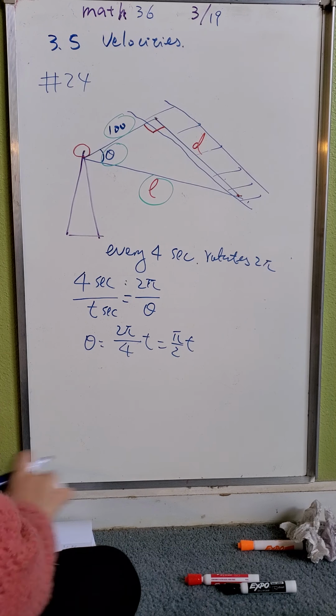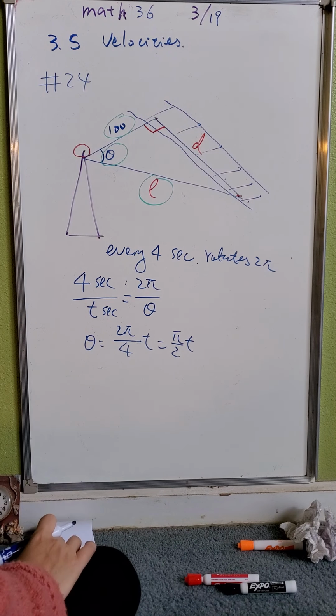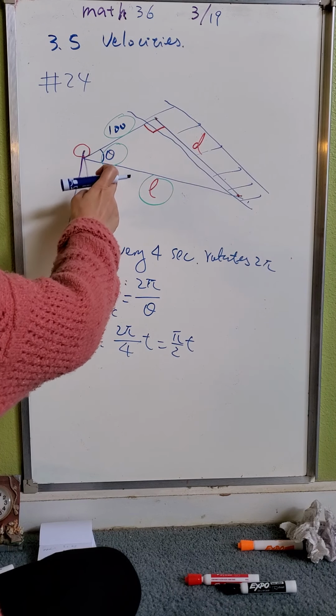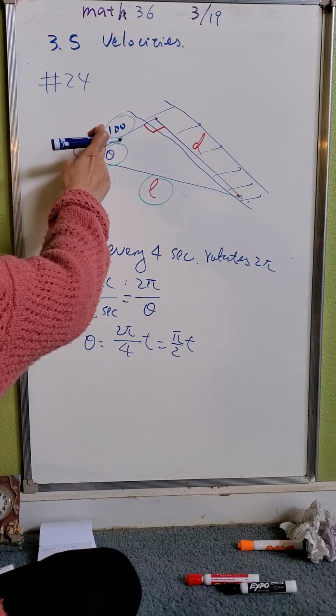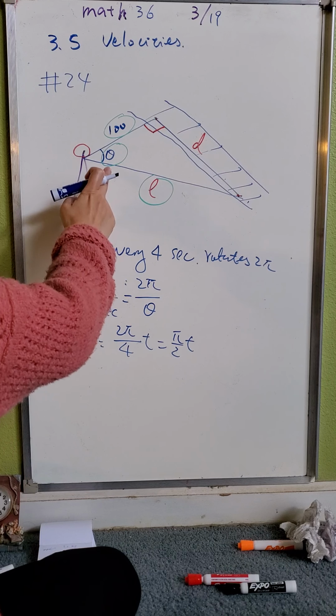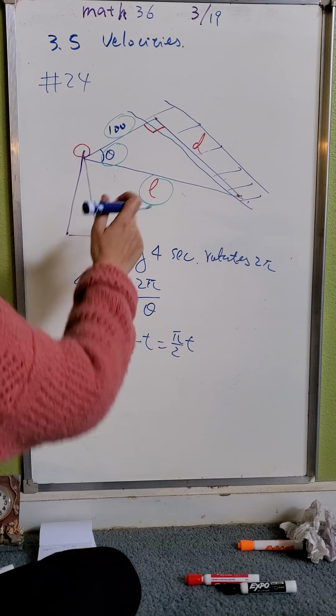So you have different trigonometry functions. My trigonometry function connects 100 and L together. So I'm doing the cosine because adjacent to hypotenuse.